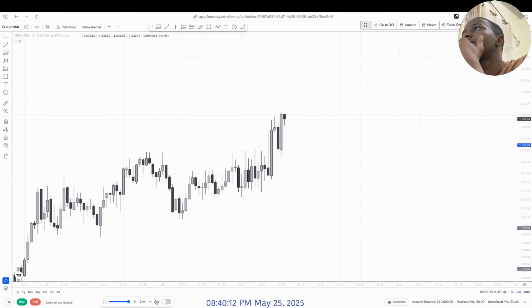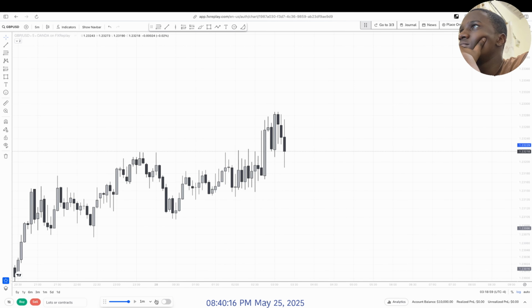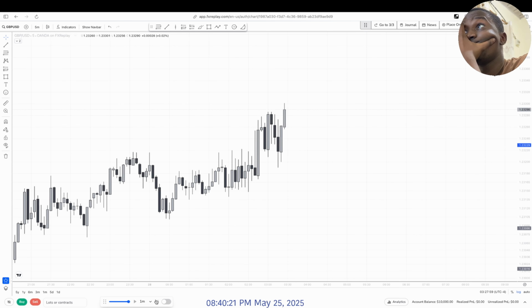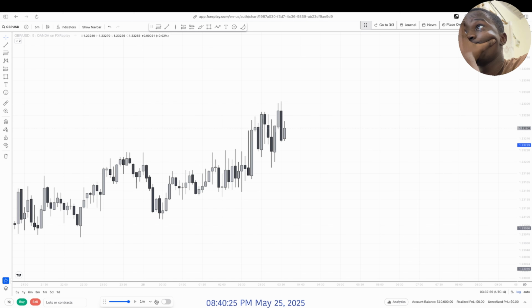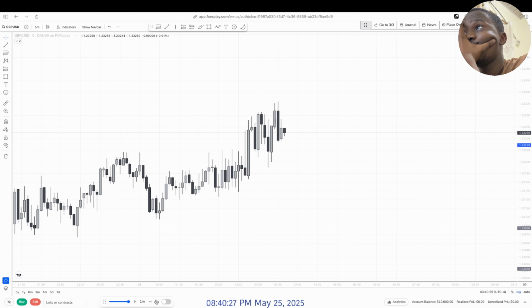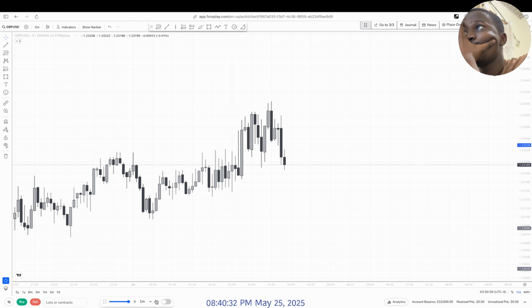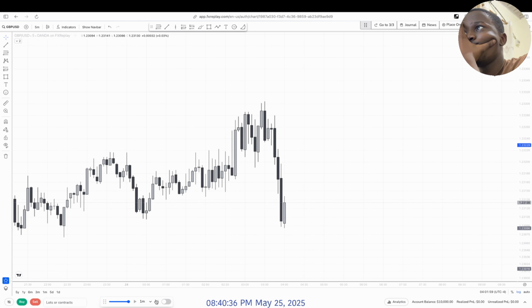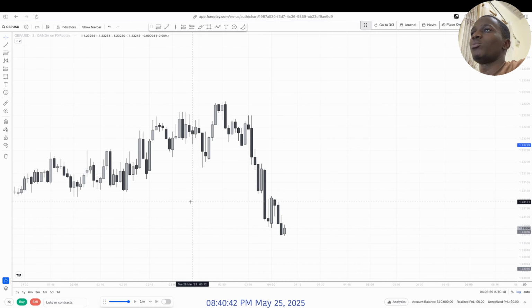So the 3 open. No fair value gap yet. So there's a 2 minute one.